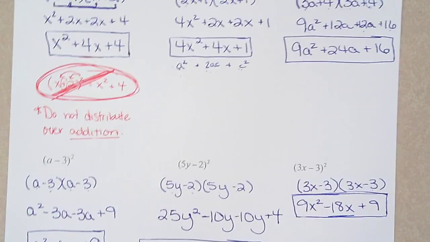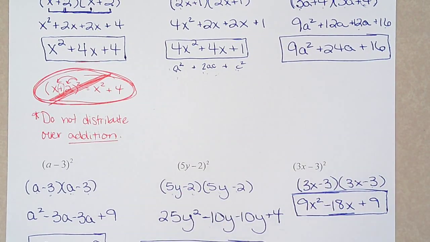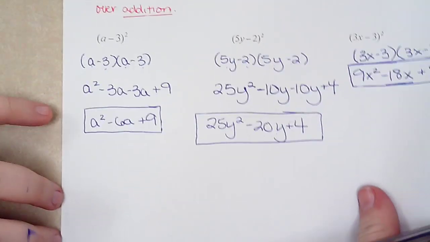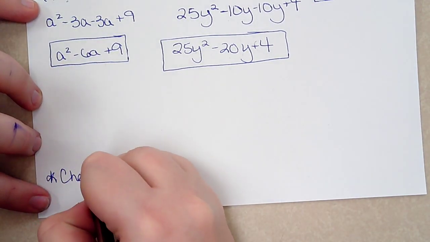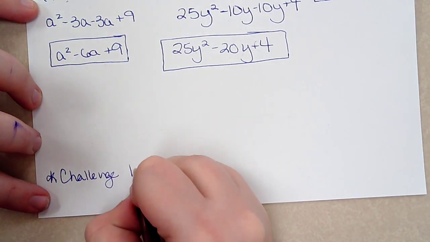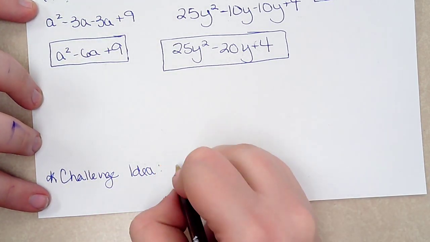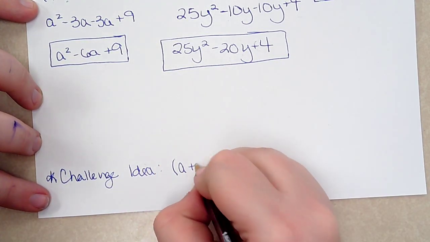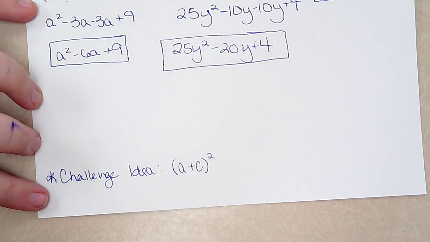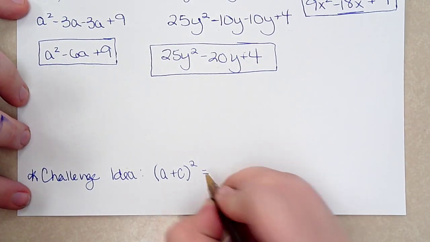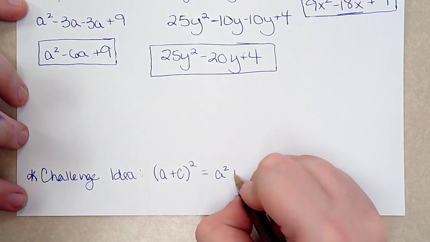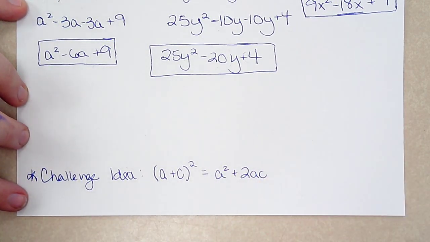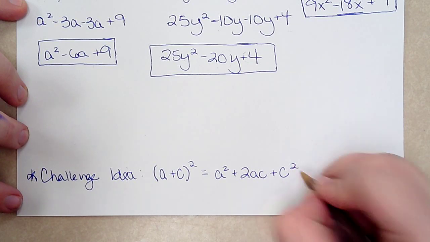And because I just want to keep coming back to this idea, just so you see it again and again and again, if you have something that looks like this, I'm going to say this is a challenge idea to see if you can pick up. If I have a plus c squared, my result is going to be a squared plus 2ac plus c squared.